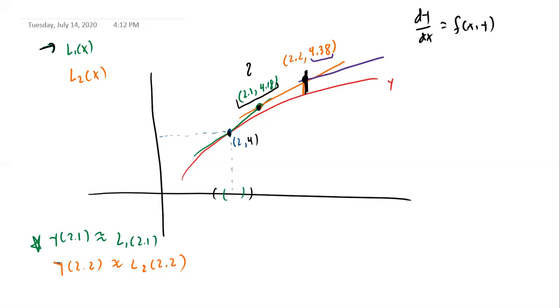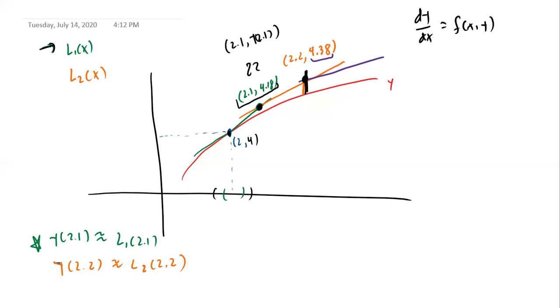Okay, so this is approximating y of 2.1. And instead of just plugging 2.2 into the first linearization, we create a second linearization based on this point. And you see, this is not a point that lies on y. It's a point that lies on the first linear approximation that we did.